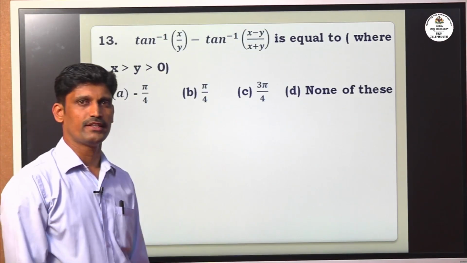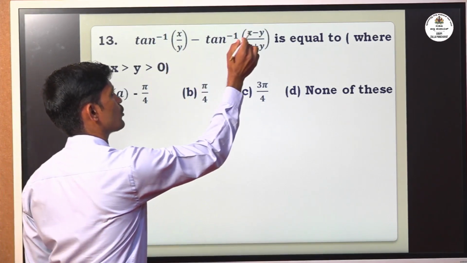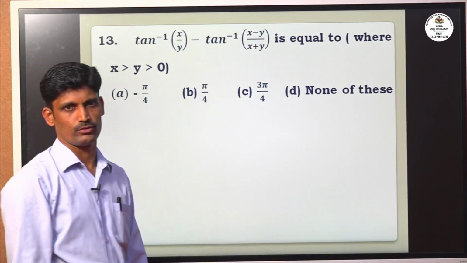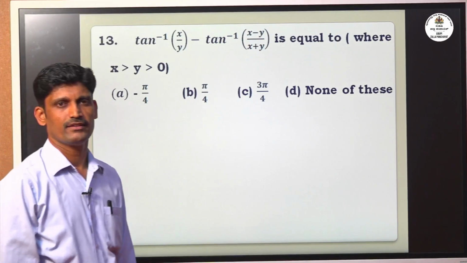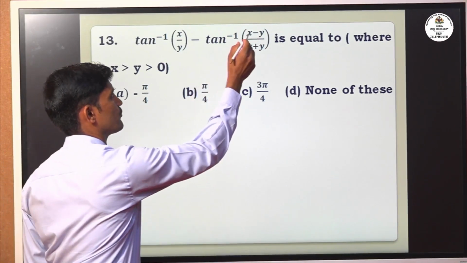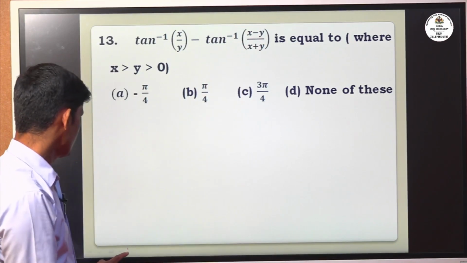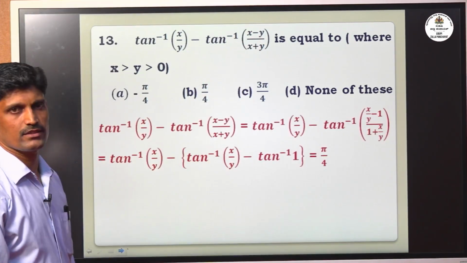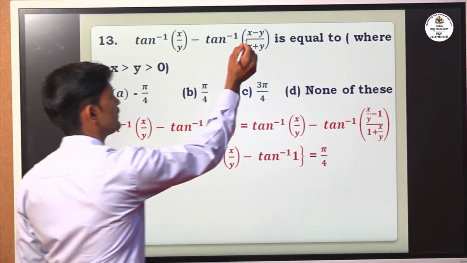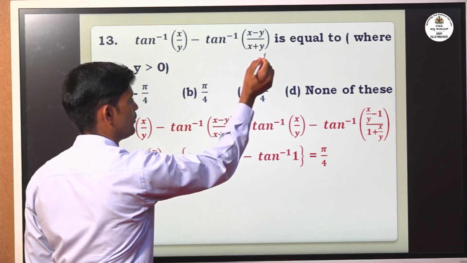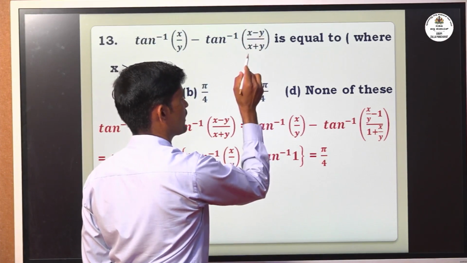Next, question number 13. Tan inverse of x by y minus tan inverse of x minus y by x plus y is equal to. What is the value of this? You can write this tan inverse of x minus y by x plus y as tan inverse of x by y minus 1 divided by x by y plus 1, and then split it as tan inverse x minus tan inverse y by the formula. Look here, divide the numerator and the denominator by y, then it becomes tan inverse of x by y minus 1 divided by x by y plus 1.